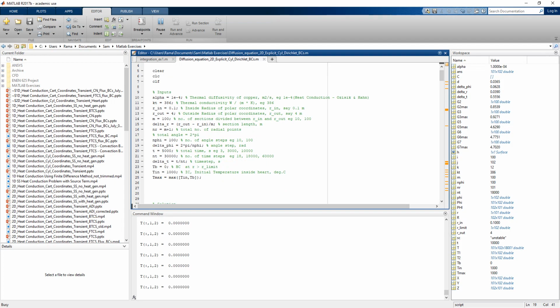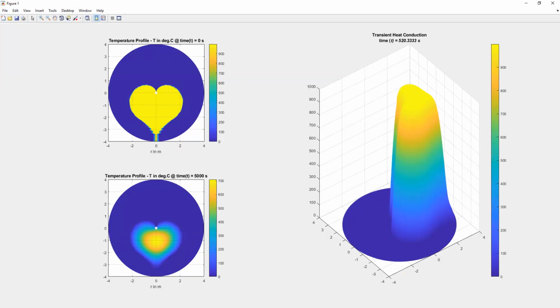We'll look at the graphical part. As I mentioned, this has been running for some time. The initial temperature profile is given on the top left-hand side at time t equals 0 seconds, and the final temperature profile at time equals 5000 seconds is shown on the bottom left-hand side.